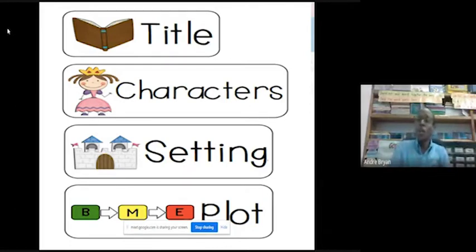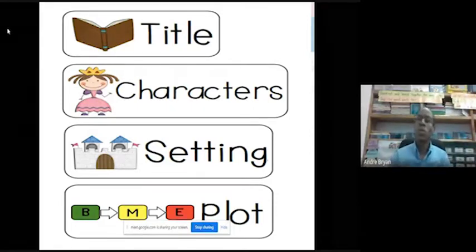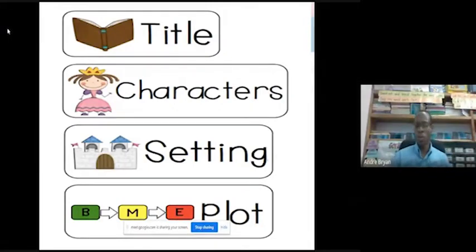Now, the beginning, middle, and end all come together to make up the story or the plot. Now, the plot also has several other areas, and we'll learn about them as we go along. But for now, these are the main parts of the story that we'll be focusing on.